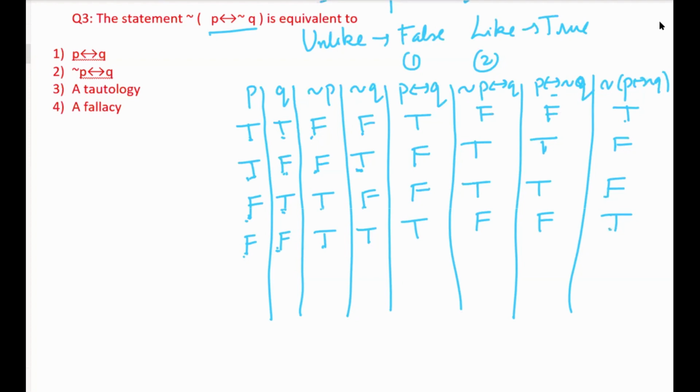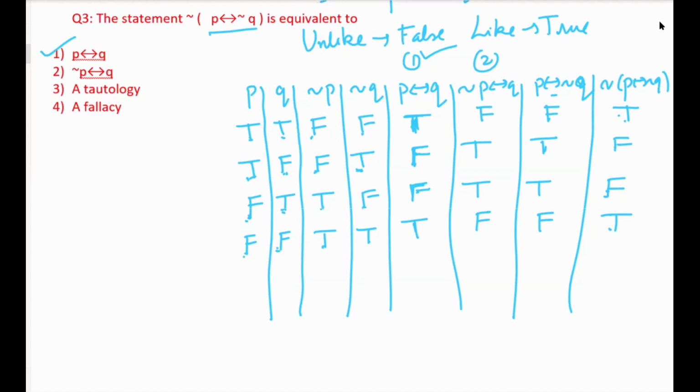Now I have to check this with the first and second option. What I get is similar to the first option, T, F, F, T, and the first option is T, F, F, T. The second is F, T, T, F. So my answer is the first option.